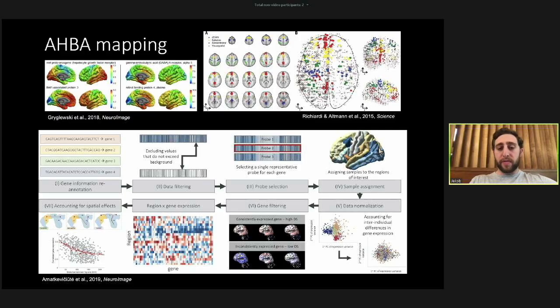And there are various filtering steps shown here, and different considerations to account for inter-individual variation across the 6 donors in this data set, and also for problems of spatial autocorrelation and potential spatial mismatching.